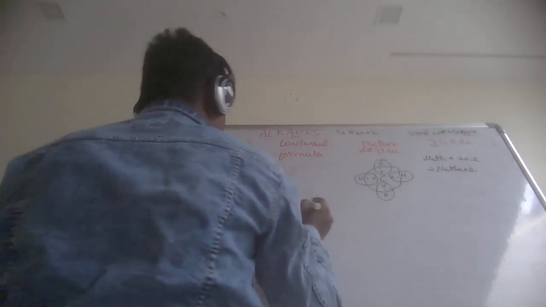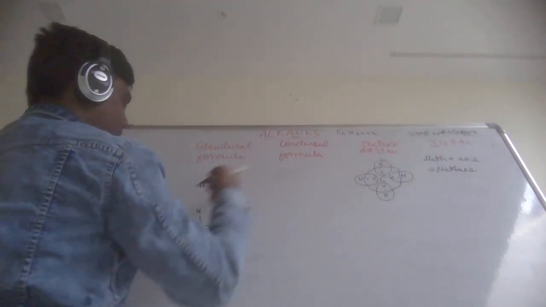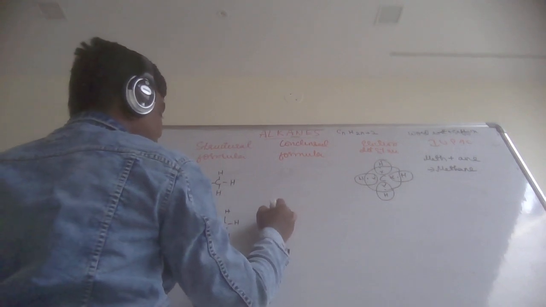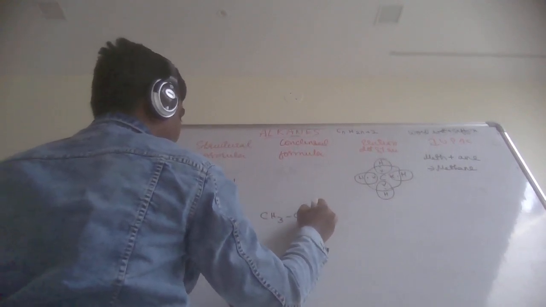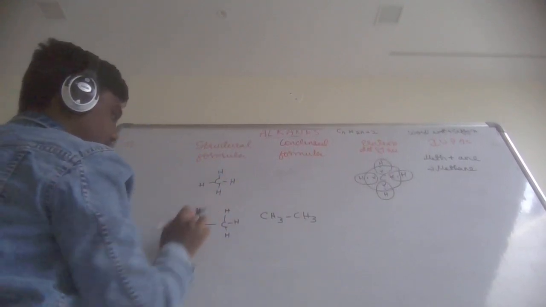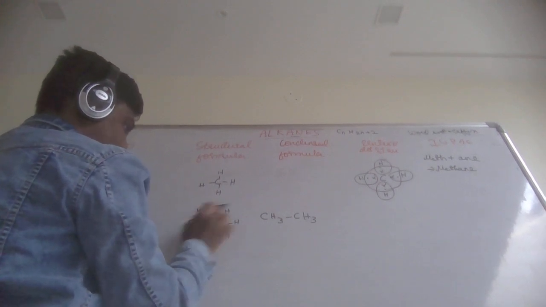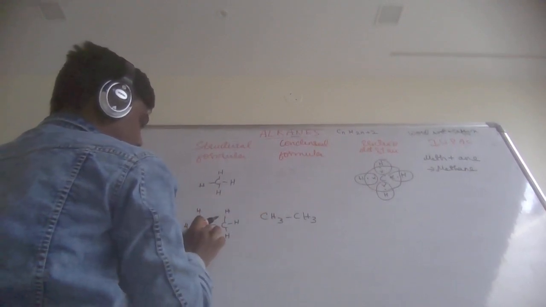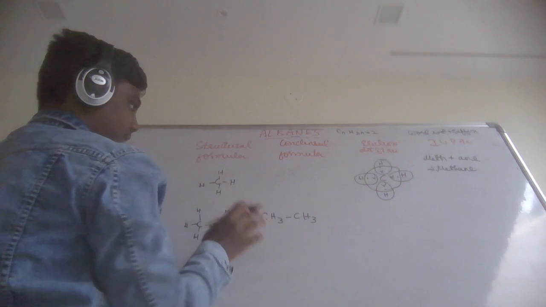The condensed formula for this would be CH3-CH3. Means we are not representing the hydrogen separately, but combining 1 C 3 H and 1 C 3 H.